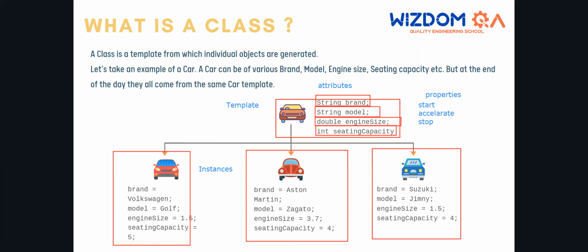What are the 4 pillars of OOPS concept? The answers are inheritance, encapsulation, abstraction, and polymorphism. With these 4 concepts, you can basically master object-oriented programming. In the programming world, objects are the main thing. If you don't understand objects, then you are not able to move to the next level.